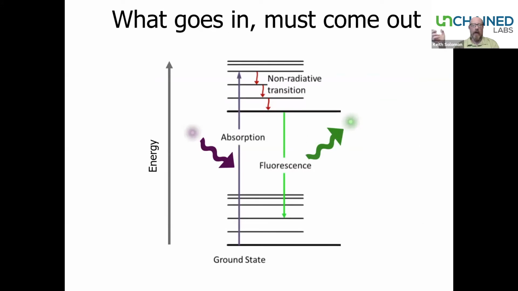Specifically, what we're talking about is a change in orbital. An electron is moved from a lower energy to a higher energy orbital by the electromagnetic radiation. And when that electron goes back to its natural orbital, it loses energy and gives that energy off as a photon.